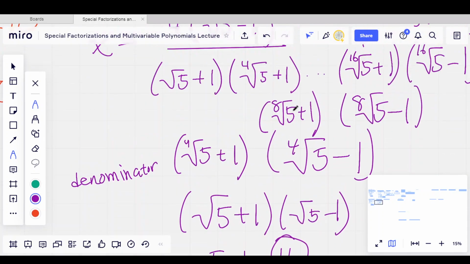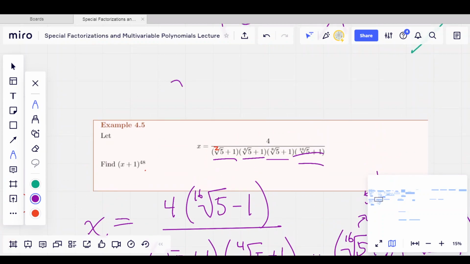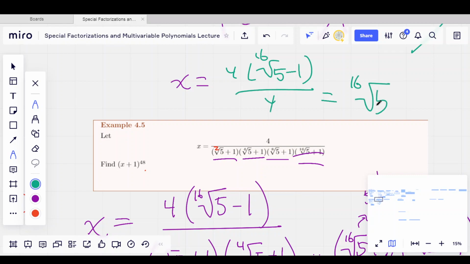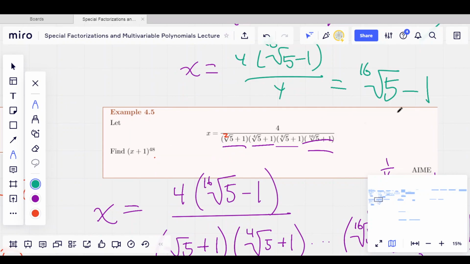So actually, all of this would be equivalent to x equals 4 times this over 4. And then it's just the 16th root of 5 minus 1. And then now we just add 1, which gives the 16th root of 5.